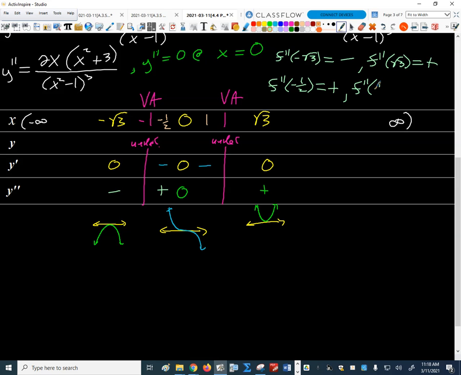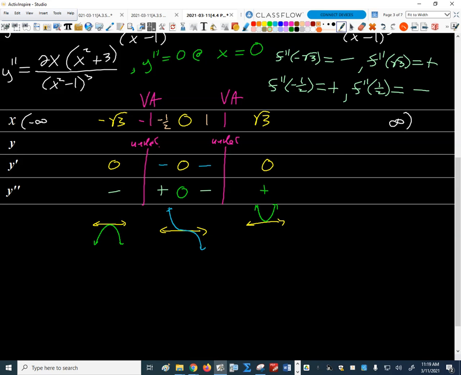If I evaluate the second derivative at 1/2, I'd get positive times positive divided by negative. So I'd get negative. So this would be a change in concavity, right? From positive to negative with a horizontal tangent. Either way, I'm getting an inflection point, aren't I? Right?